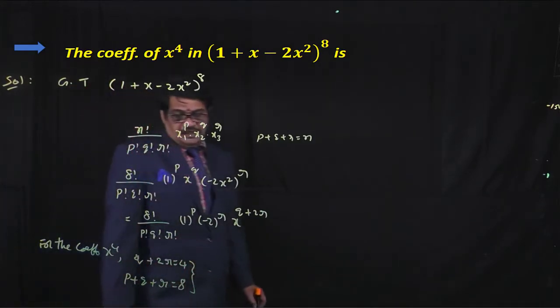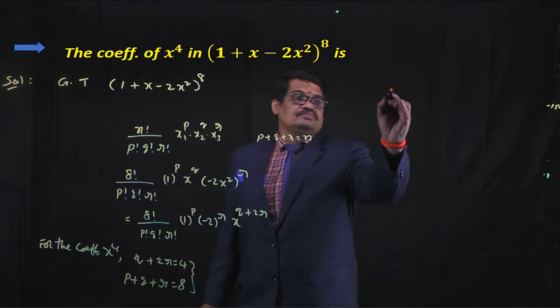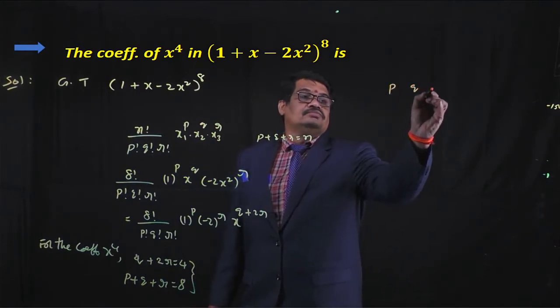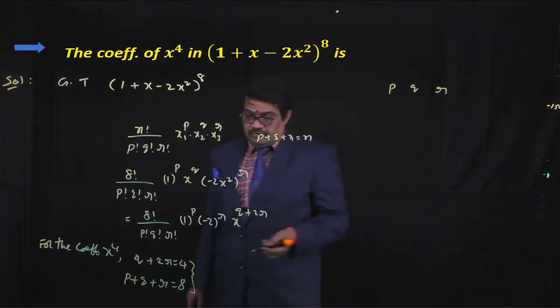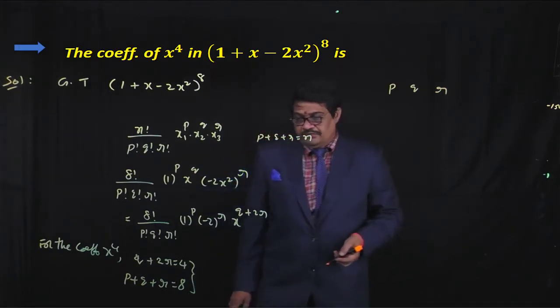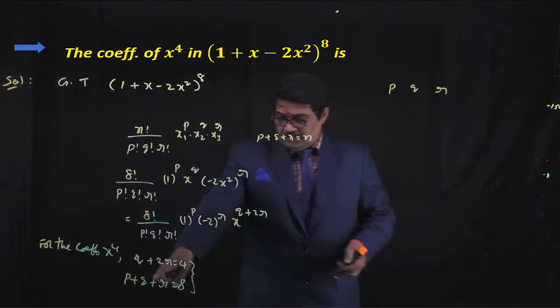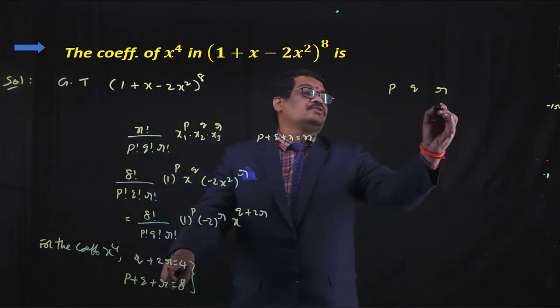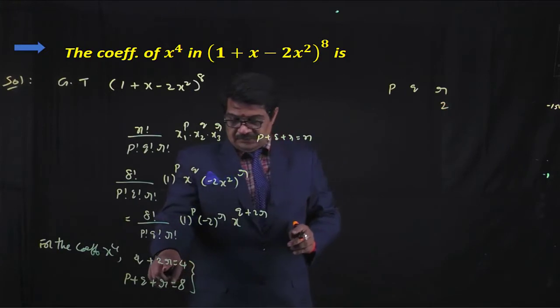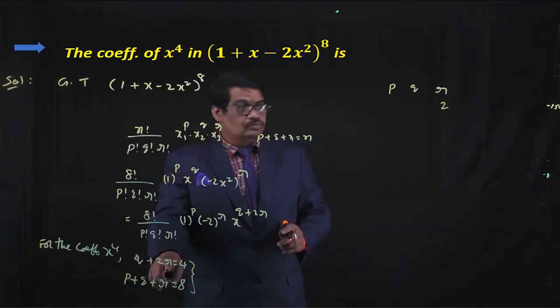Now we take p, q and r. If we take r equal to 2, then 2 into 2 is 4.